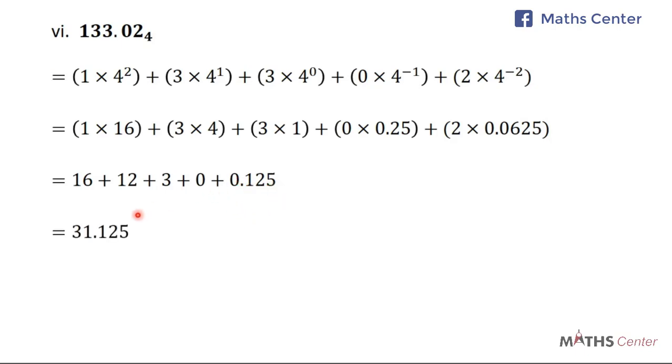We add everything here and we are getting 31.125. So it means that if you convert 133.02 base 4 to base 10, you are going to have 31.125.